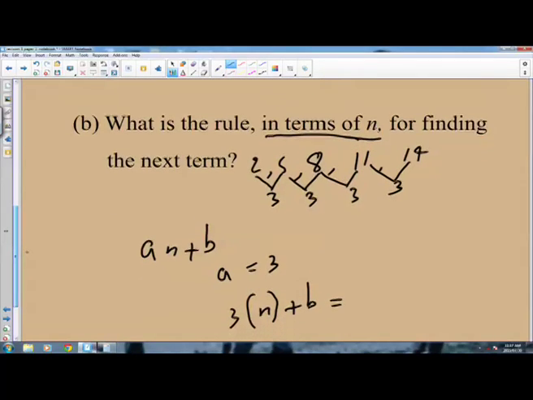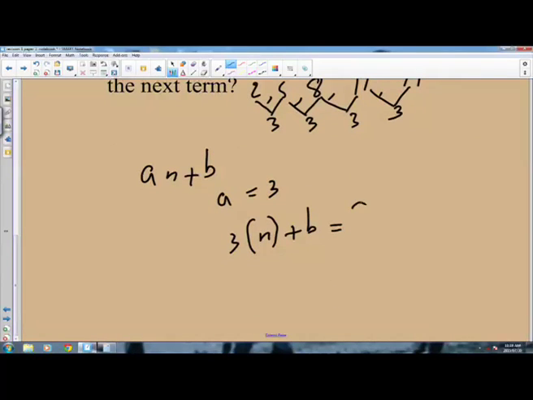you can choose any term here. If you want to choose your n as 1, that means 3n plus b will be equals to 2. Let us choose our n to be the first position. So this will be 3 times 1, because instead of n now, you are substituting the position.